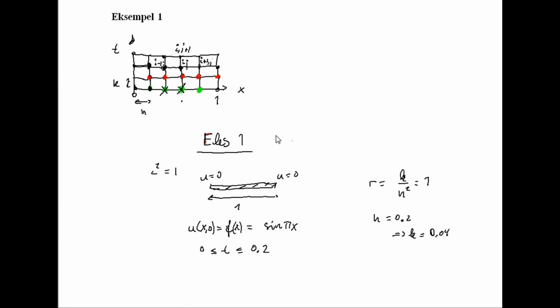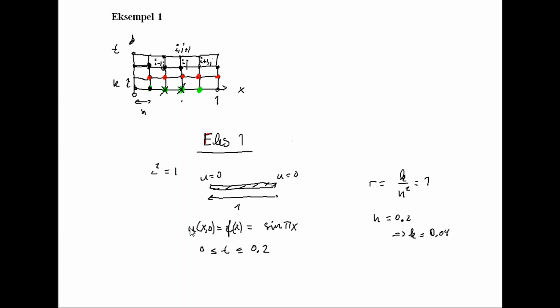In order to understand the Crank-Nicolson method, let's consider this example. We let r, which is the value of k over h squared, be equal to 1. In fact, we let h be equal to 0.2 and k equal to 0.04.